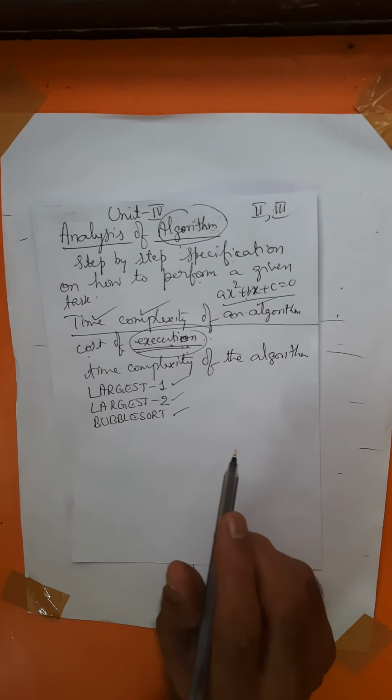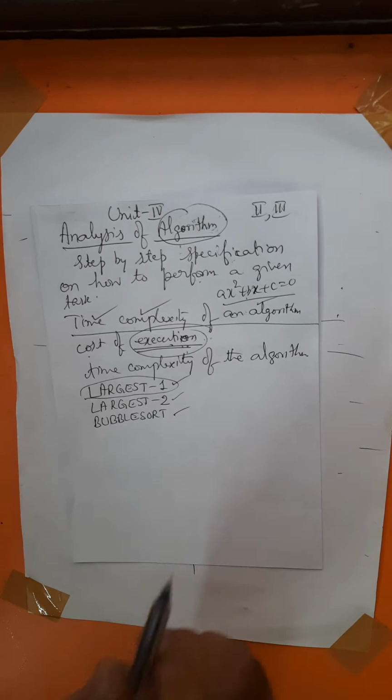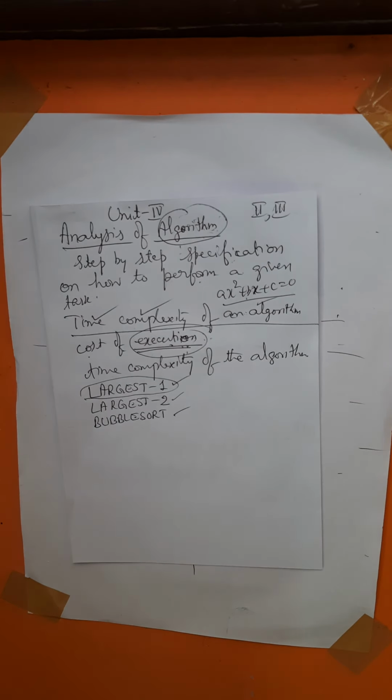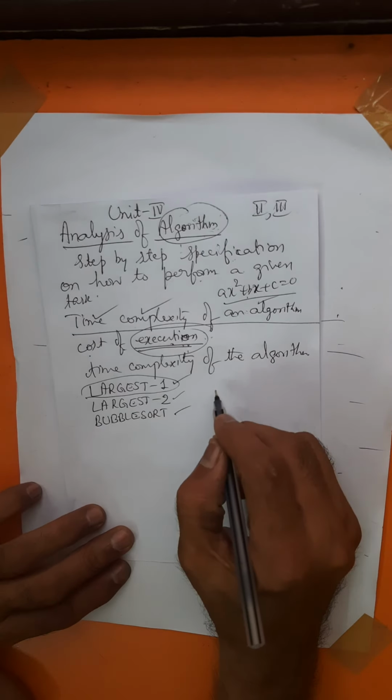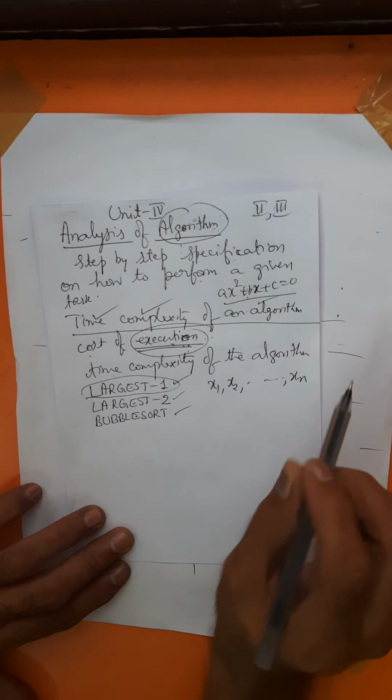In this session we study largest one algorithm. Why is this largest one algorithm meant for? Largest one algorithm is meant for finding the largest of n numbers, x1, x2, etc., xn.